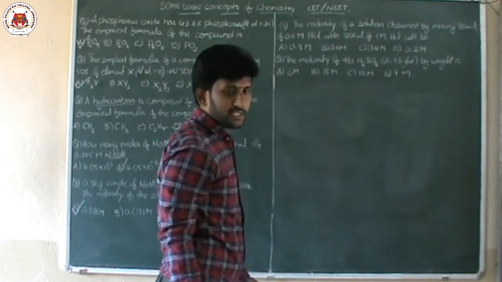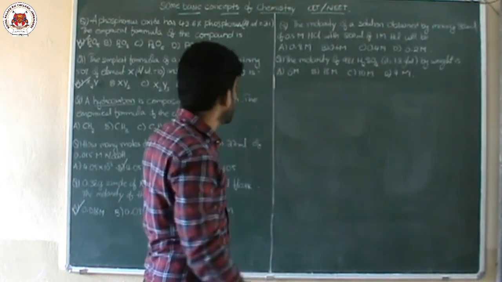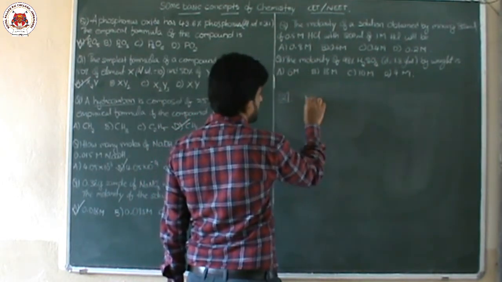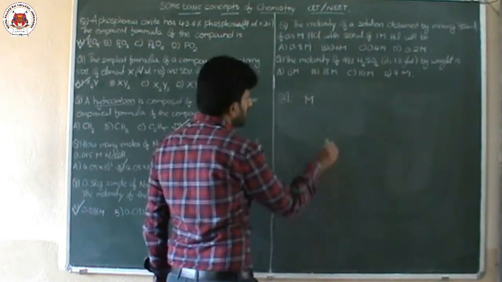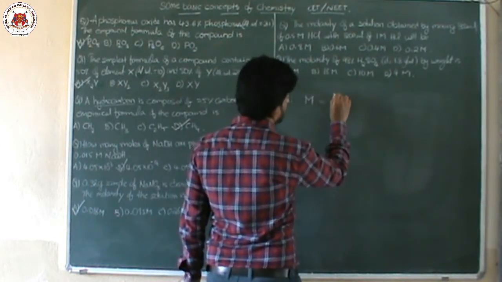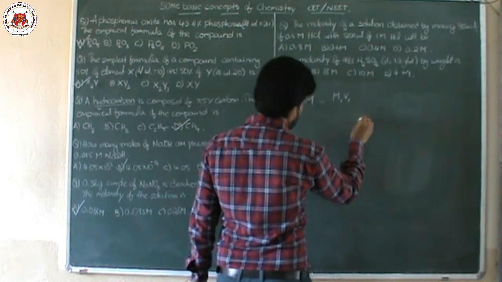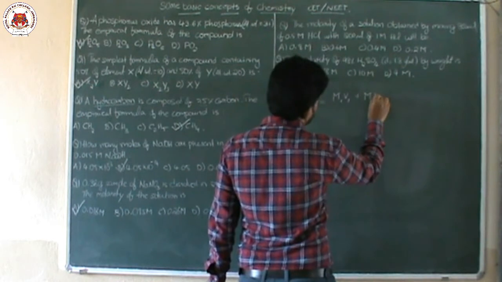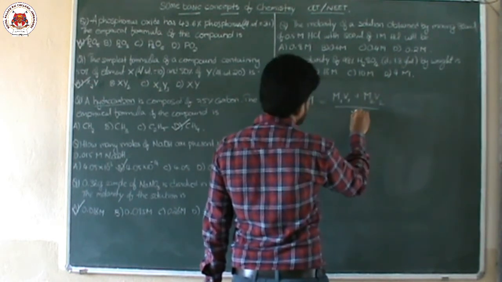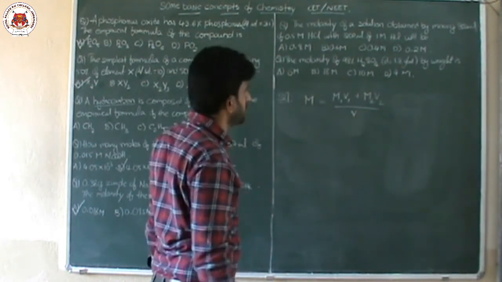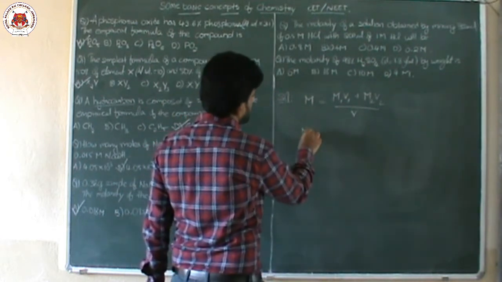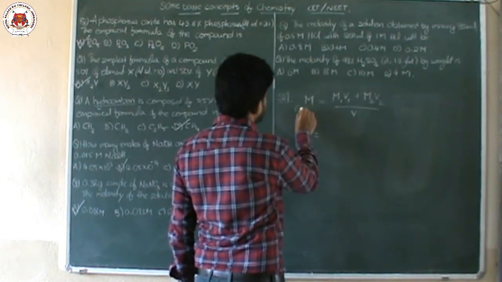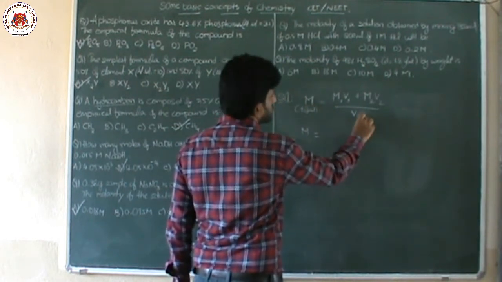When it is the mixing of acids, the resultant solution mixture molarity is given by the formula: resultant molarity M equals M1V1 plus M2V2 by total volume V. That is the formula you need to follow. This is total molarity, this is total volume.